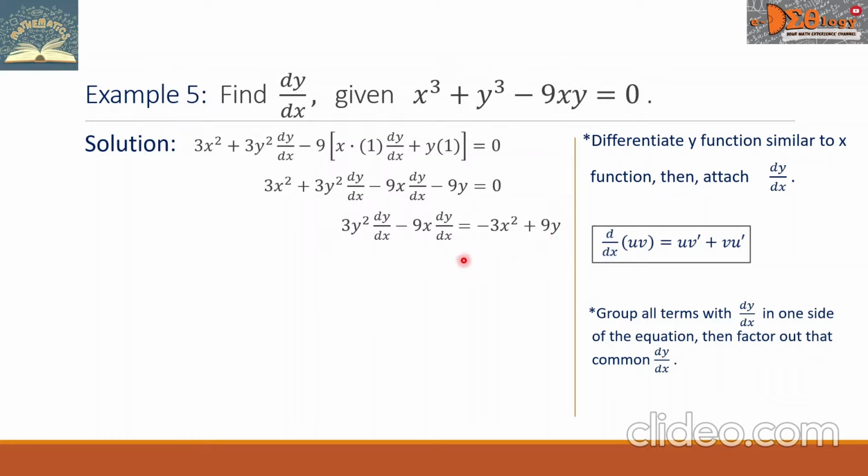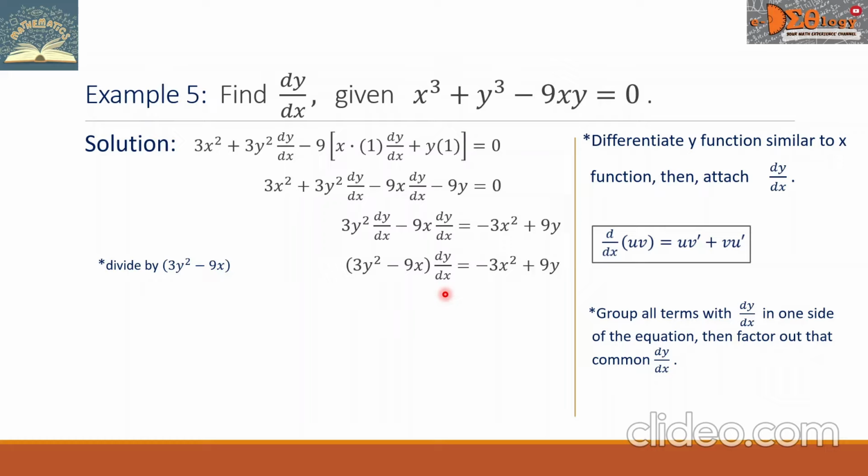And then on the left side, we factor out dy over dx. So we have the quantity 3y squared minus 9x multiplied to dy over dx. We want to isolate the dy over dx. We divide this equation by the coefficient of dy over dx.